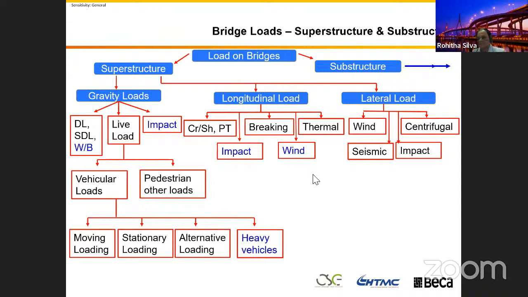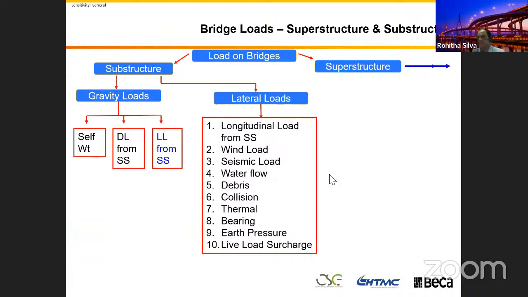You can go back to this slide and re-listen to the recorded session. Then I went on to explain substructure loading as well. The lateral load is quite significant in the substructures, especially seismic, waterflow, collision, etc. And the earth pressure, live load surcharge, I explained them in detail, how we're going to evaluate them.